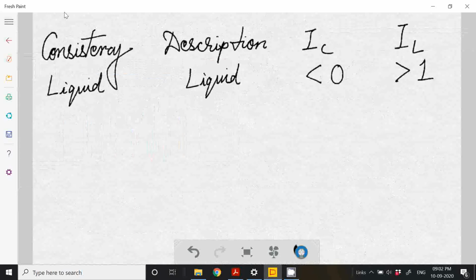Then for plastic consistency, if the soil is plastic, then there will be several descriptions within plastic.